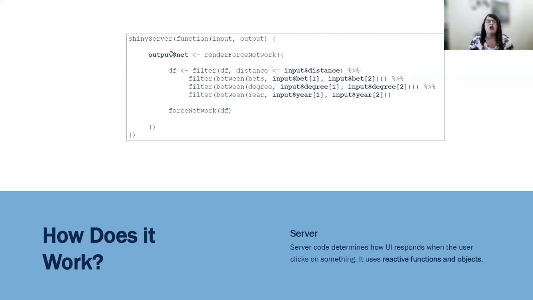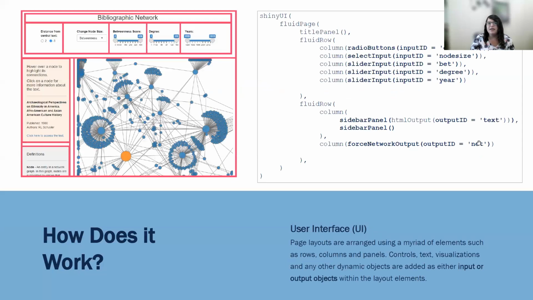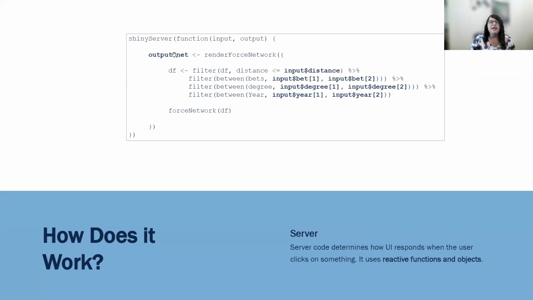We have an output object, and part of that object is net, which corresponds with the output ID for the network. For this output object, we're rendering a force network. That renderForceNetwork comes from the networkD3 package, that package that I added to Shiny that allows me to draw these networks and is meant to work with R Shiny.